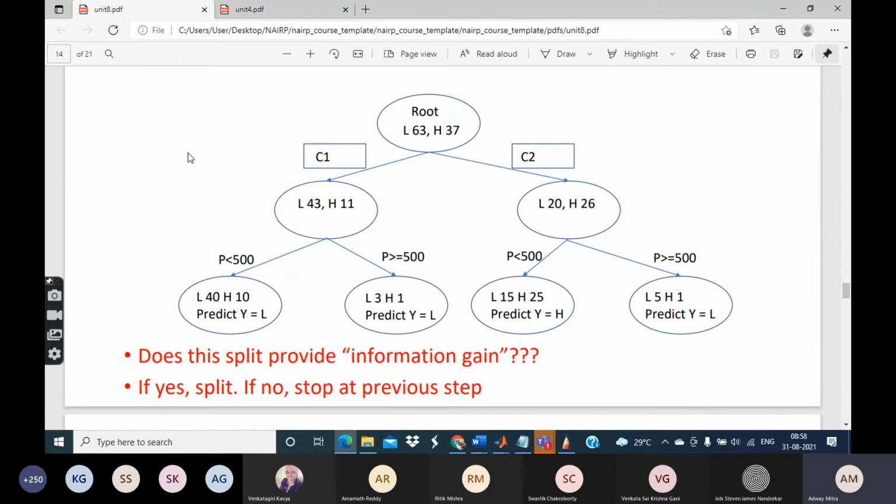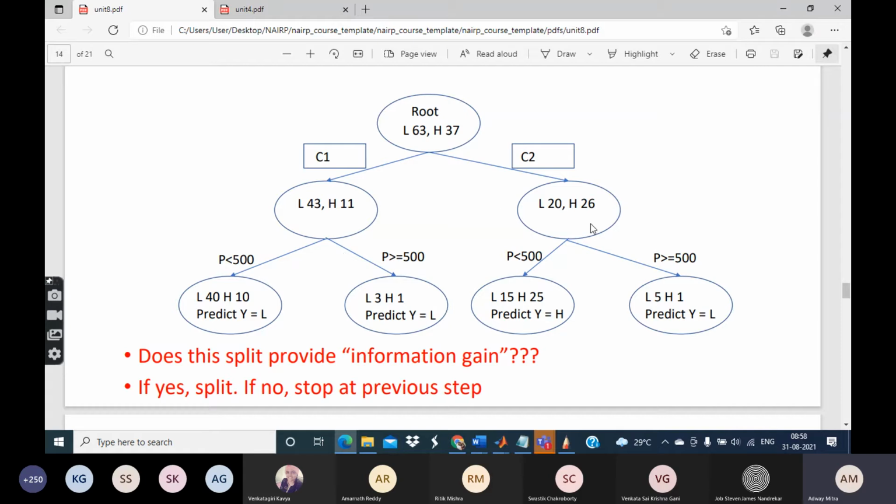Total capital D number of features were there. One has been selected, but the remaining D minus 1 are still there. So out of these D minus 1, I may be interested to find which is the next discriminative one with respect to these examples. Whatever that is, I can split them with respect to that feature.